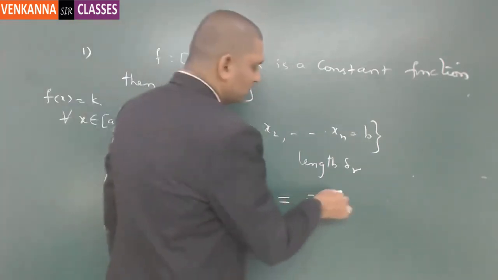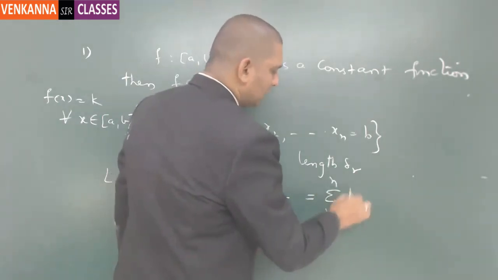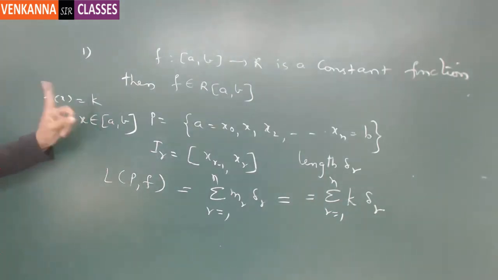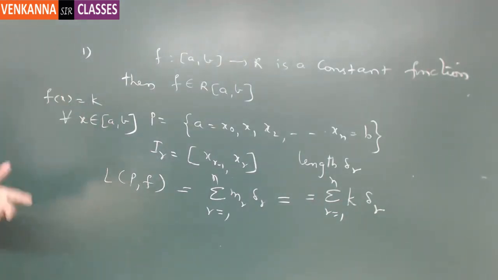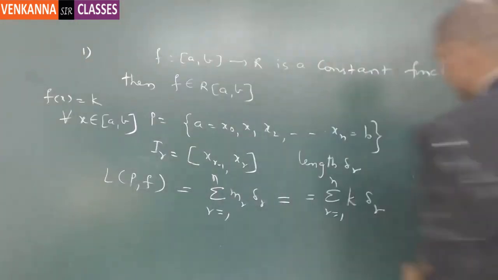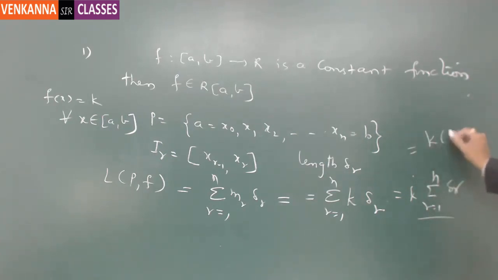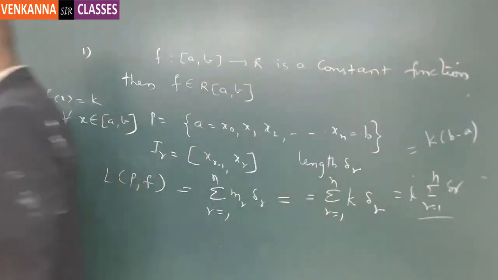So this is equal to summation r is equal to 1 to n of k into delta_r, because the function takes only one value k, so infimum is nothing but k, supremum is nothing but k. Since k is a constant, it is not varying here, so k into summation r is equal to 1 to n of delta_r. So here we are summing up all the subinterval lengths. It is nothing but the main interval length, so this is equal to k into (b minus a). Any questions over this L(P, f)?